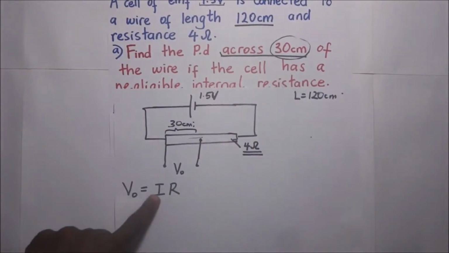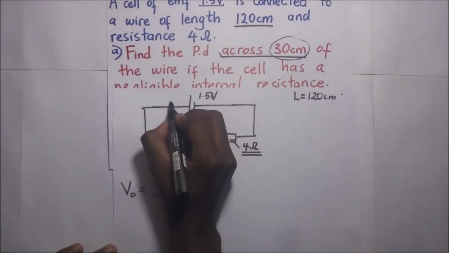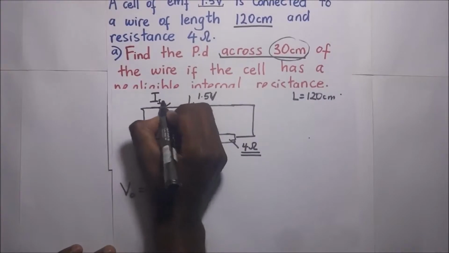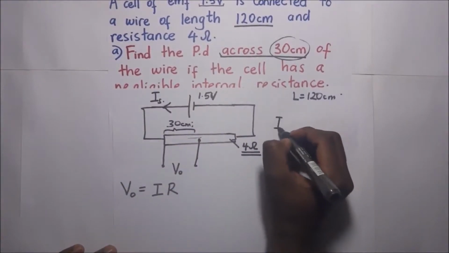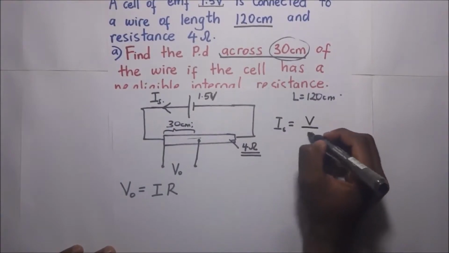So let's first begin with the current. The current going through this wire, let's call it IS, is going to be equal to V over R.